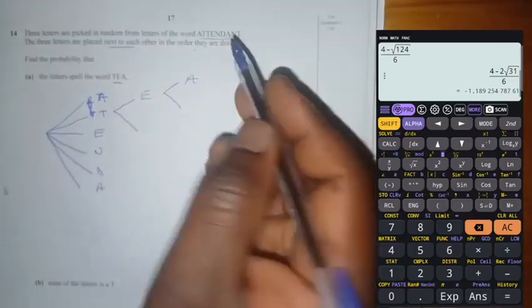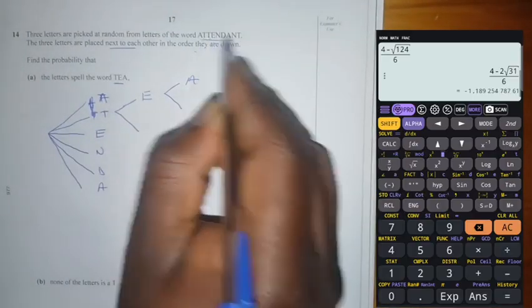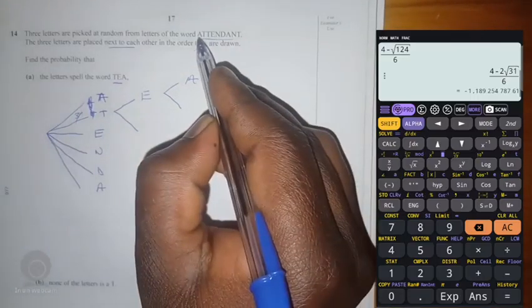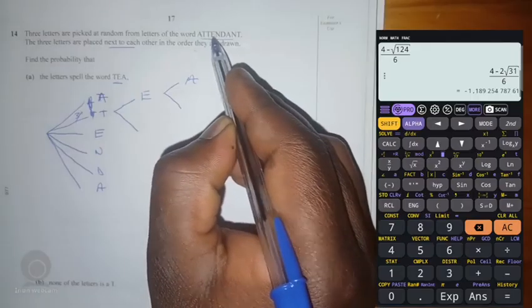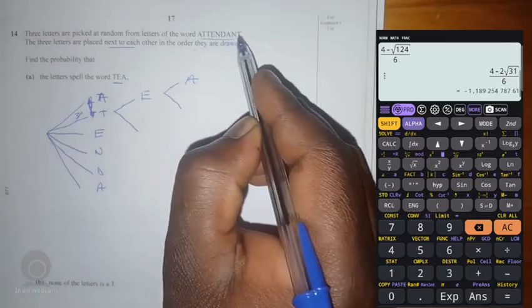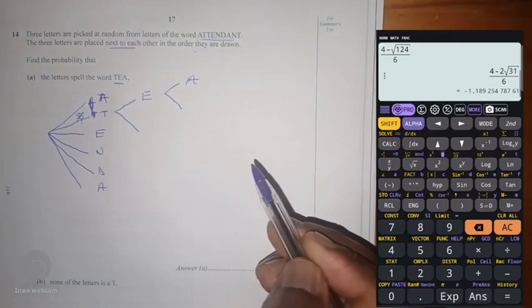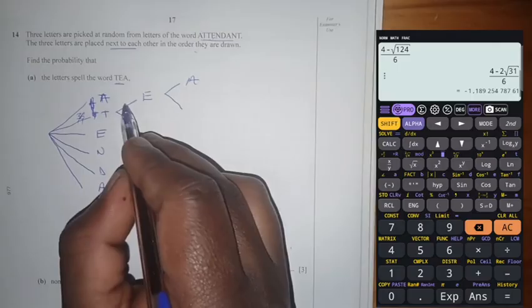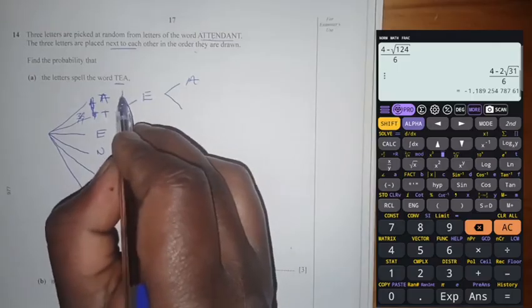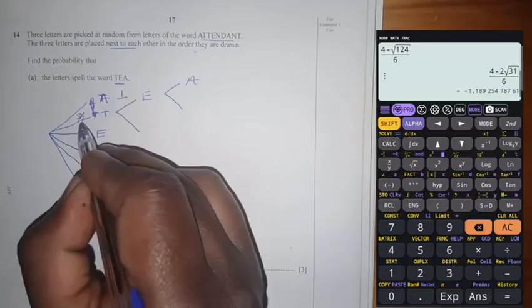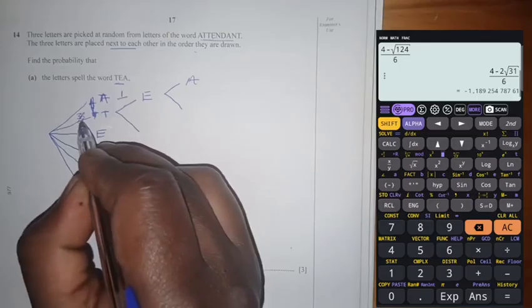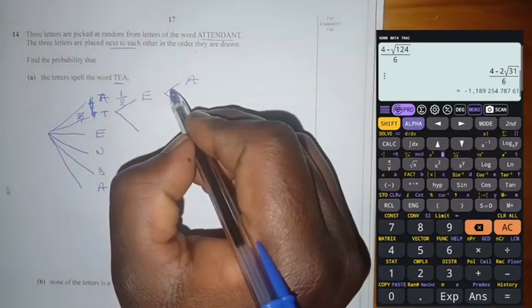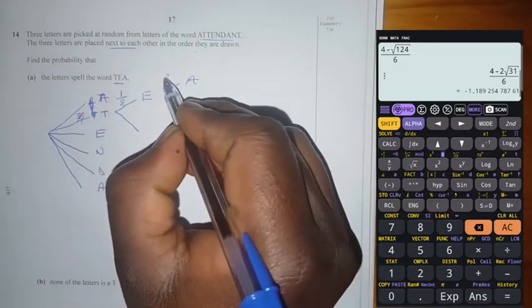Now what's the probability of getting T from this word? How many T's do we have? 1, 2, 3. So it's 3 over how many letters? 1, 2, 3, 4, 5, 6, 7, 8, 9, over 9. Now once one T is lost, how many E's do we have there? We have 1 E. But since 1 letter is gone, the total is now 8. Come to this one. How about A? We have 2 of them.